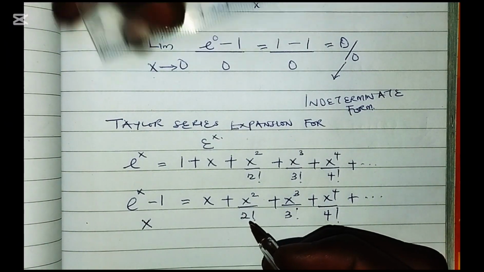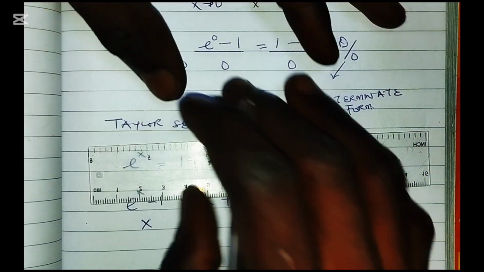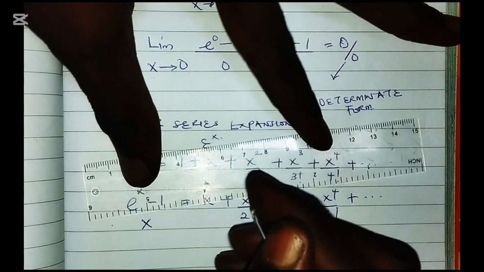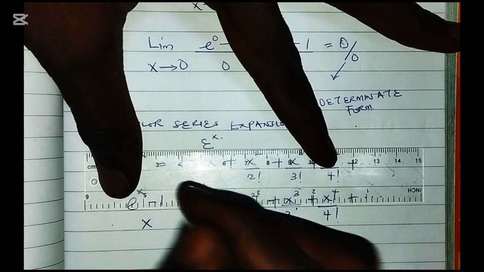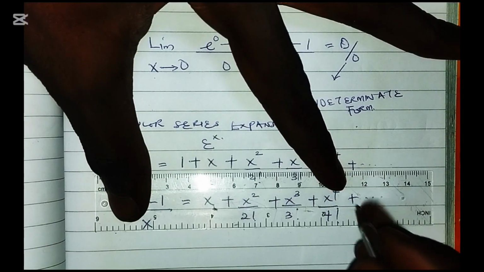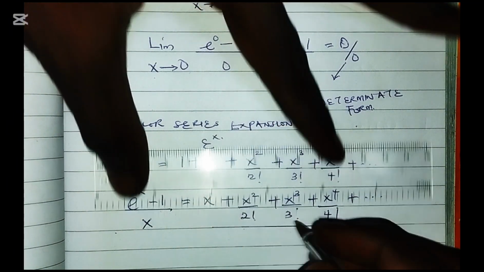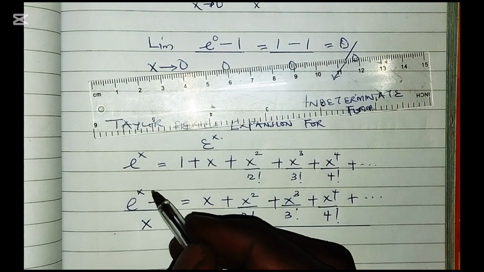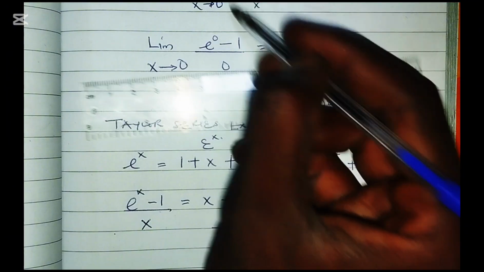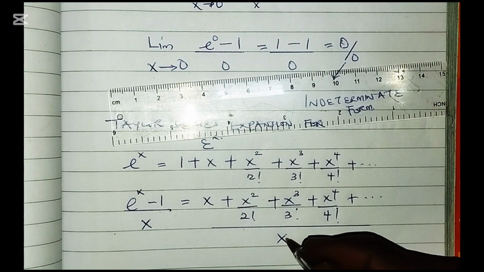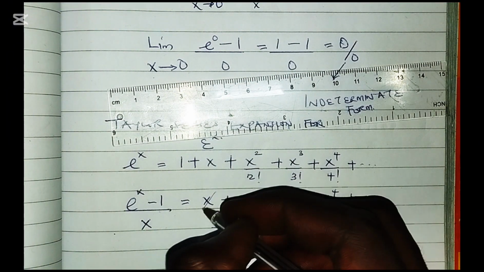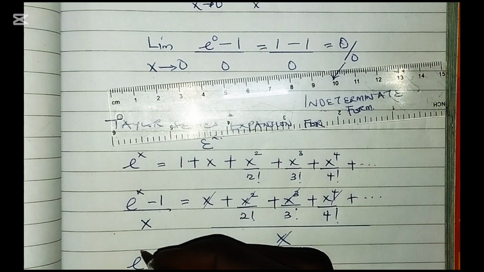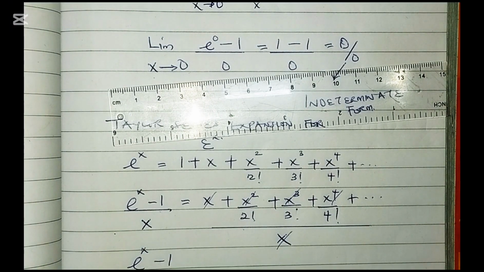Dividing through both sides by x, we simplify.